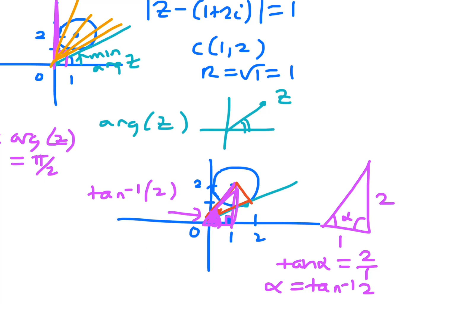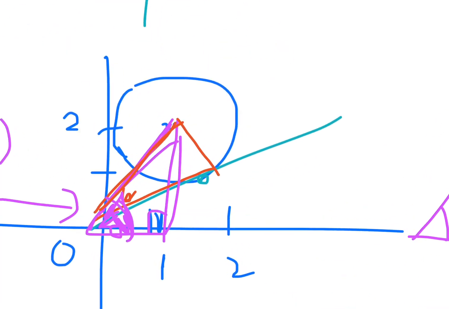Now, the red one. If we look at the red one, we want this distance here. So we'll call that, say, x. Now, sorry, not this distance here. We don't want that distance. We actually want this angle in here. I'll call that beta.